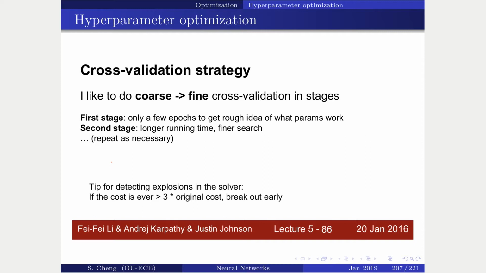Oh, and there's also some tips written down here. If your cost turns out to be bigger than 3 times the original cost, you probably want to break out early. You probably didn't pick the right parameter, and you're exploding your solver.